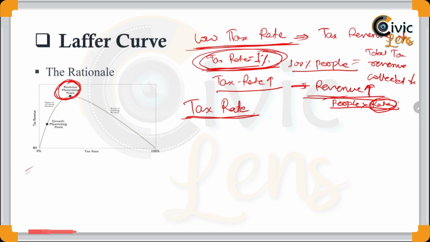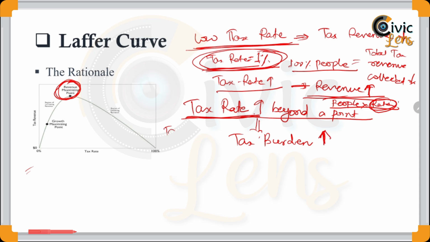But beyond a point, if we increase the tax rate, the tax burden, that means the taxes to be paid by individuals and businesses, will become very high. So let's say the tax rate is increased to 40%. Now people have to pay 40% of their total income as taxes.